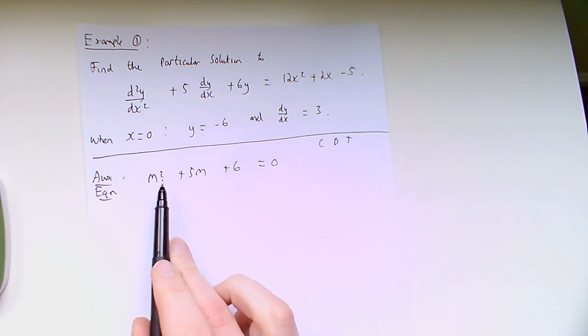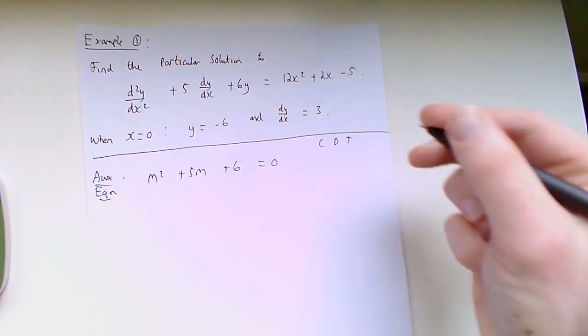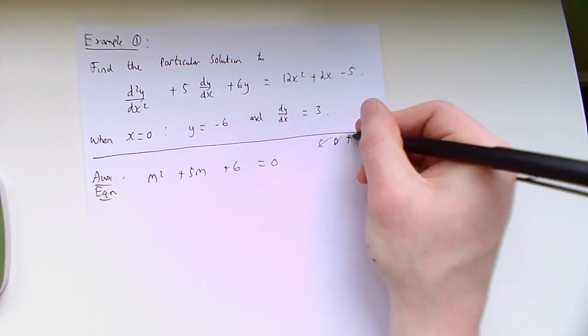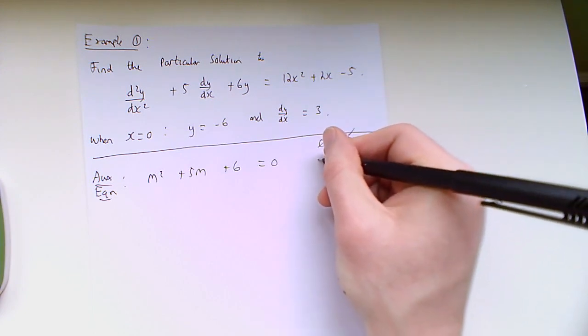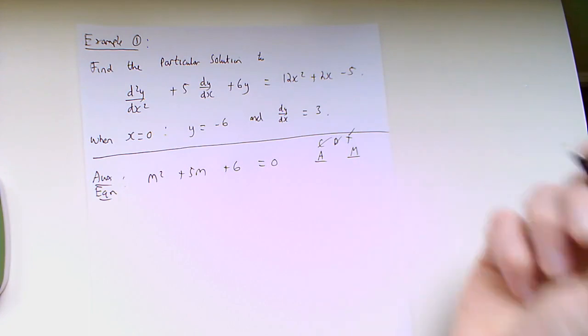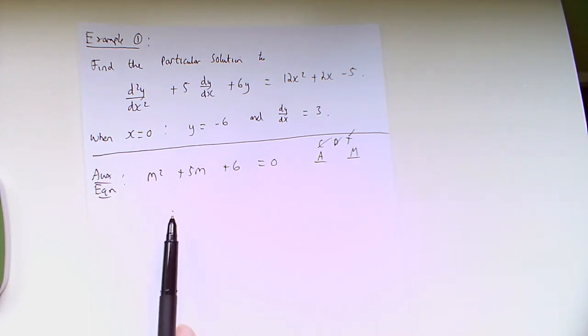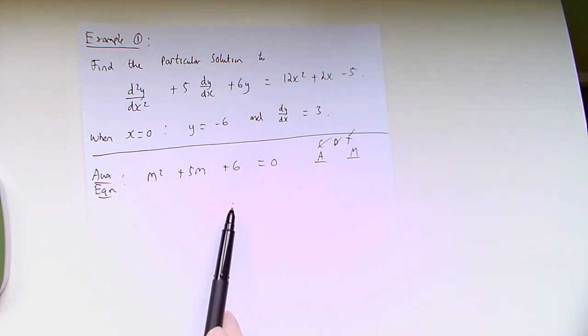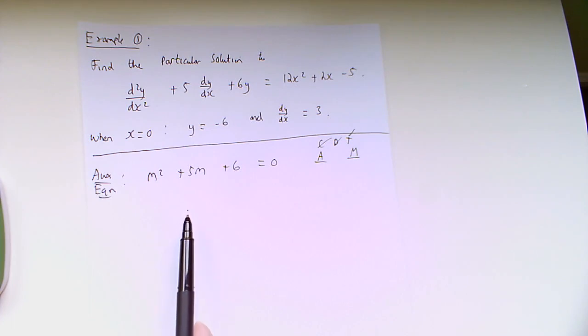But I know from looking at it, it's got three terms. It's not going to be either of these, so it's a trinomial. And that's when we do add and multiply. If you want to, in all these questions, you can use the quadratic formula. It's not a problem. It takes a lot longer, but you will get the same answer in the long run, so it's completely up to you what you decide to do.